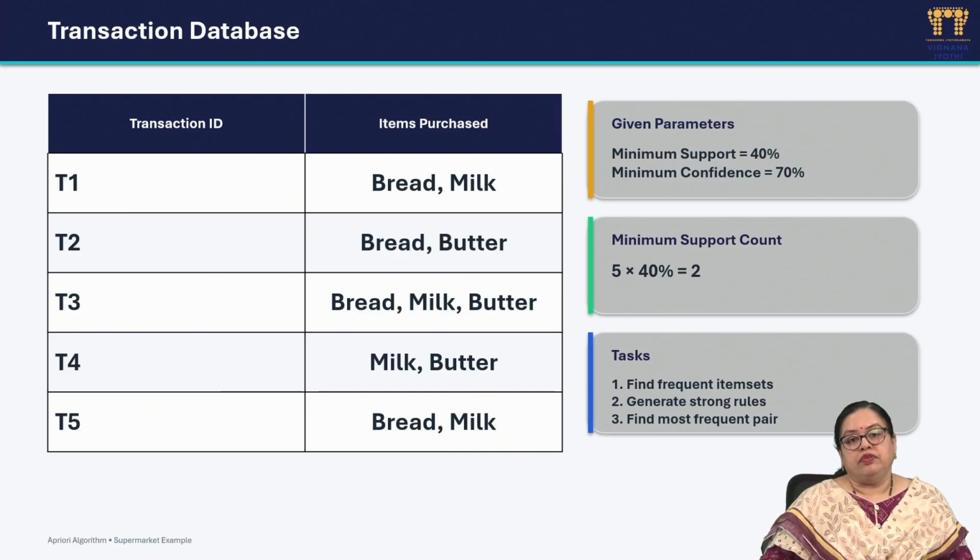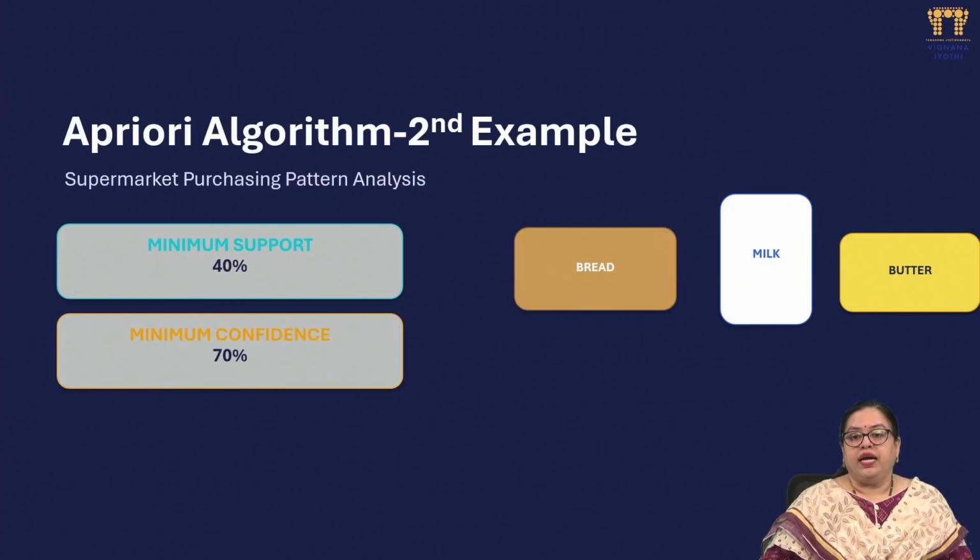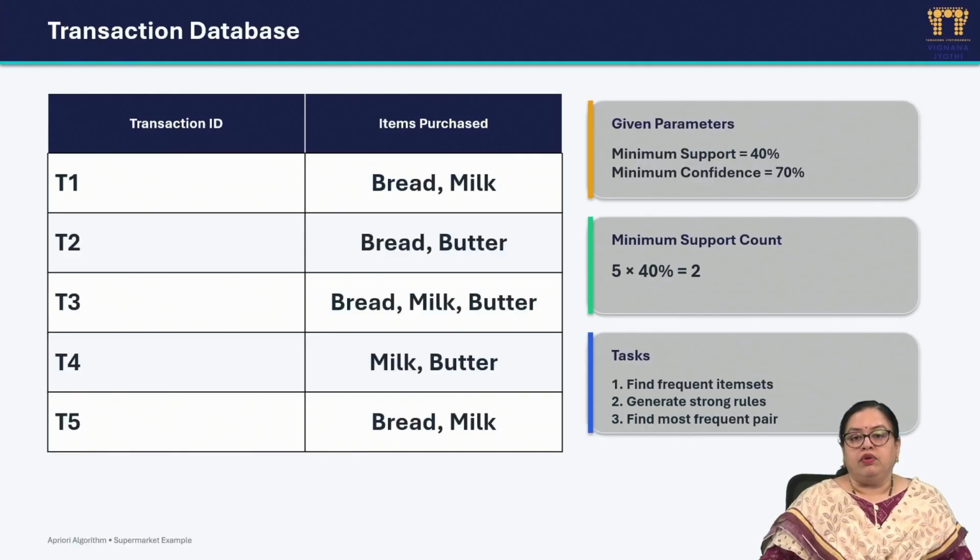That means if bread appears in 2 of the total 5 transactions, it can meet the minimum support. Like this we calculate for all the items: bread, milk, and butter.